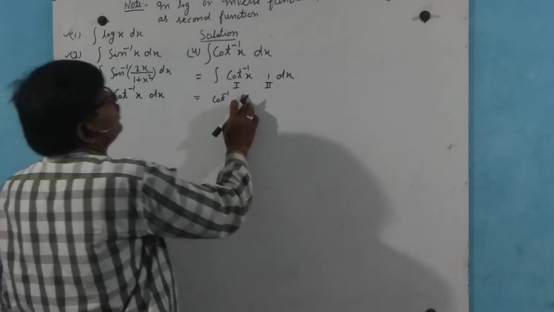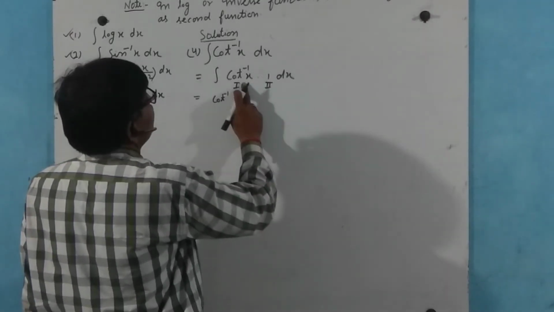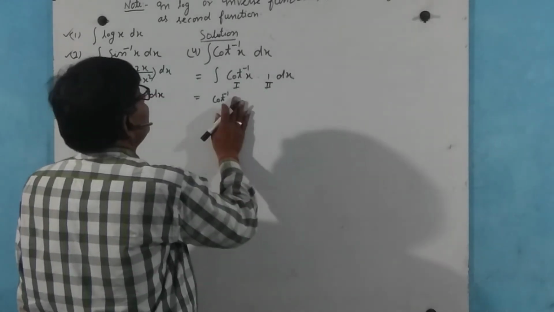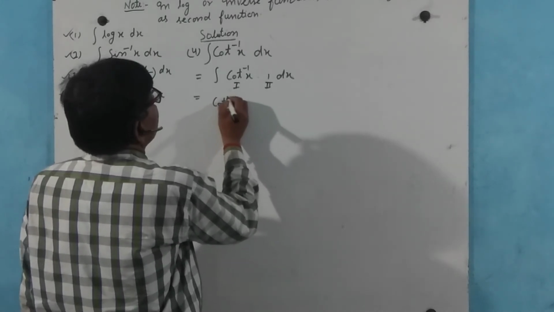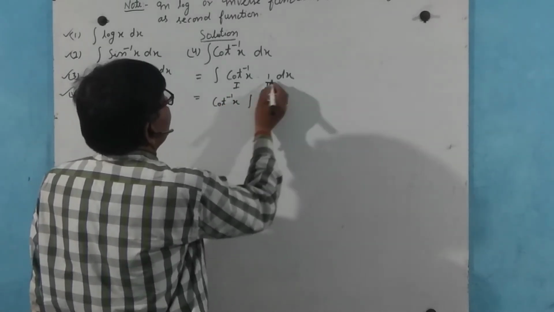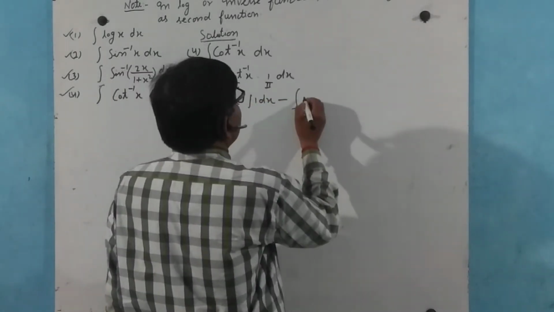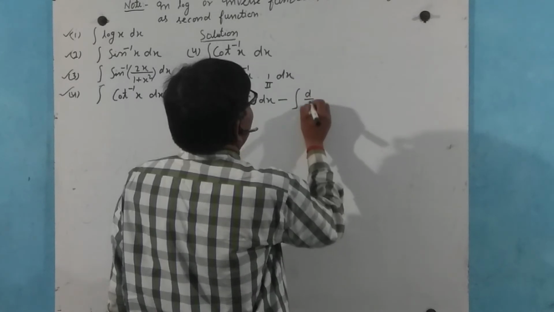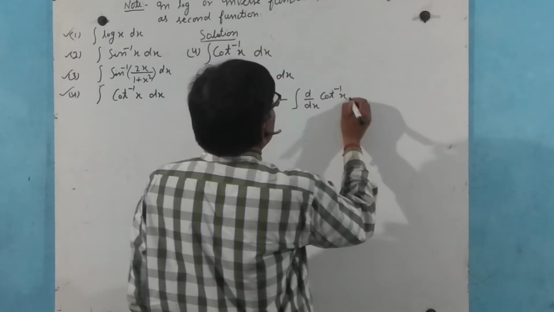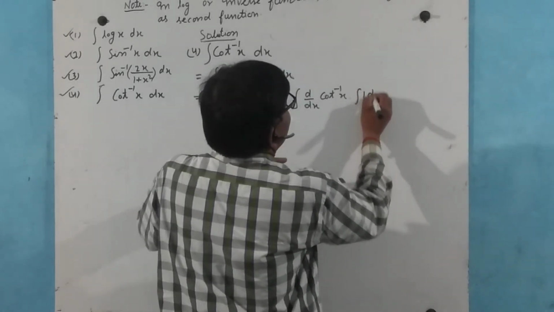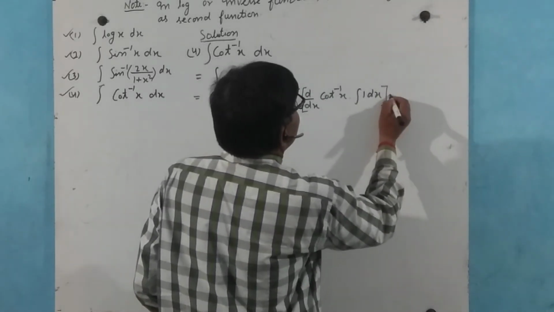In this case, we take 1 as the second function, and this is the first function, so that cot inverse x times the integration of the second function 1 dx minus the whole integration of the differentiation of the first, d by dx of cot inverse x, and the integration of the second function 1 dx, dx.